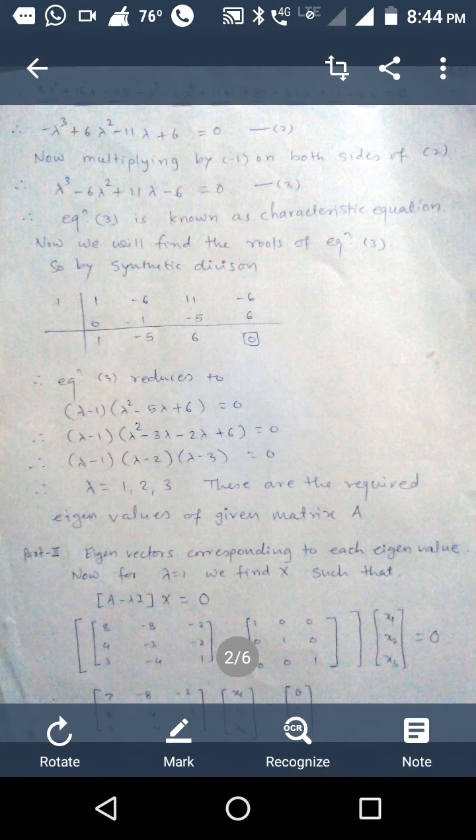Now we will find the roots of equation 3. By synthetic division we may write the coefficients of lambda. Begin with the highest power of lambda, that means the first coefficient from lambda cube, which is 1, coefficient of lambda square, which is minus 6, coefficient of lambda is 11, and constant term is minus 6.